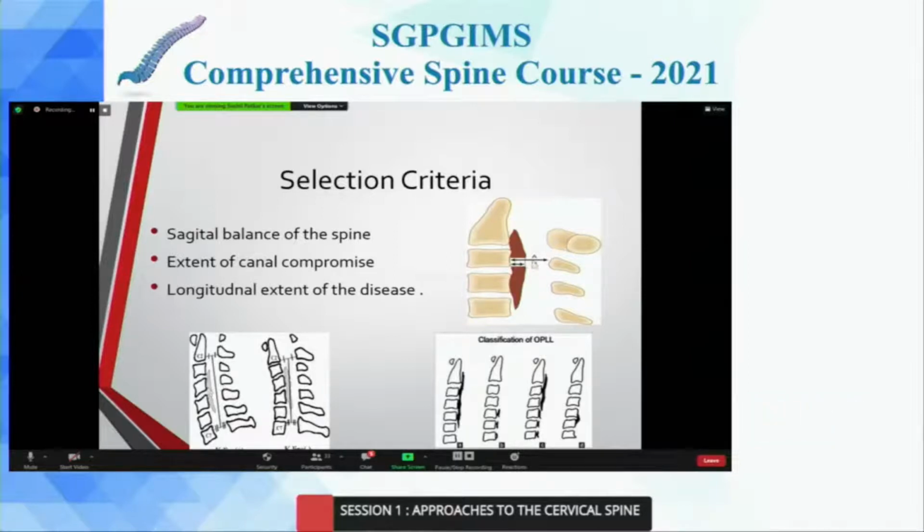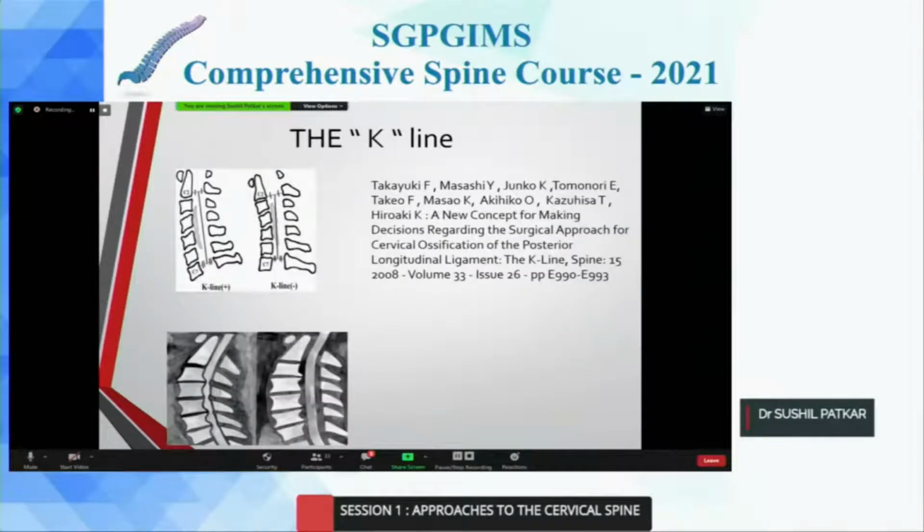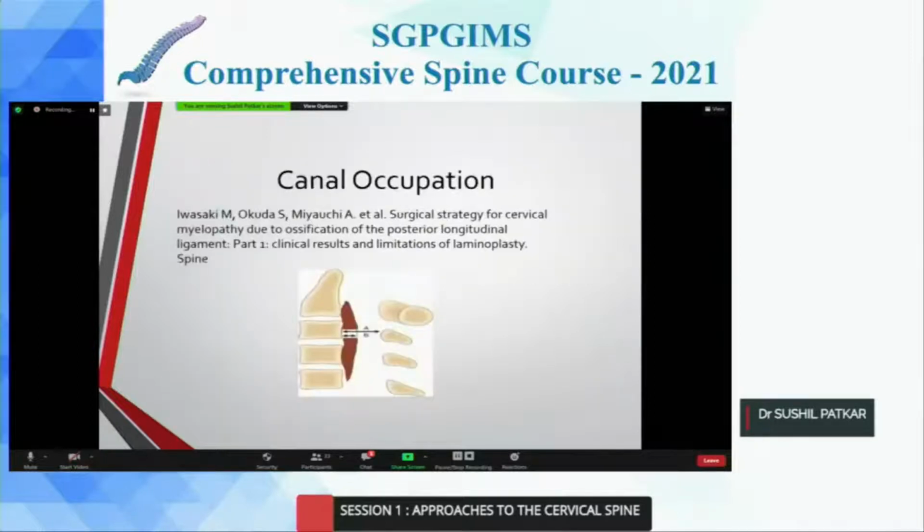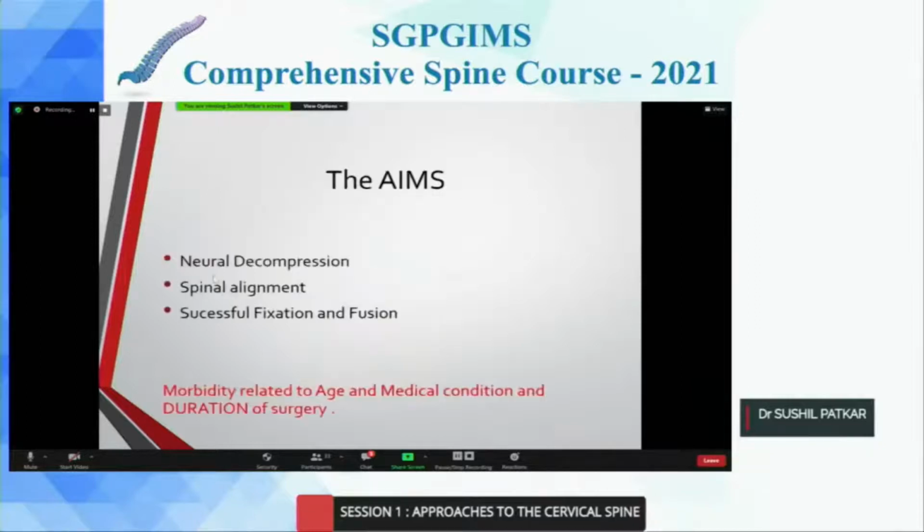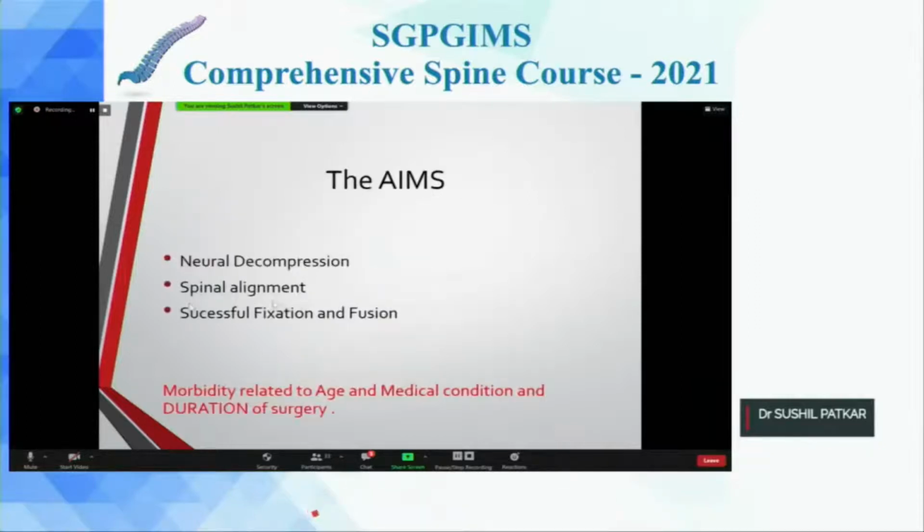But if the occupation of the canal is more than 60% and the mass is behind the K line, then the posterior surgery is not going to help the patient. There are various concepts which are used in making the decision in OPLL surgery, and canal occupation is, of course, a very important aspect. So the aims are what? Neural decompression, maintaining spinal alignment, and successful fixation and fusion.